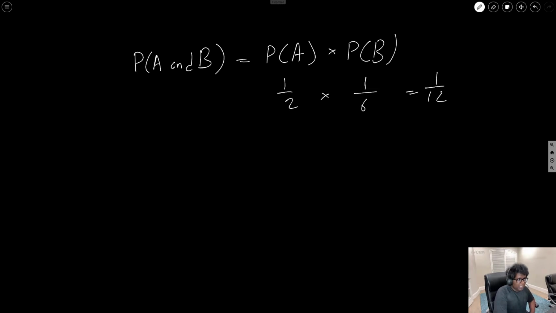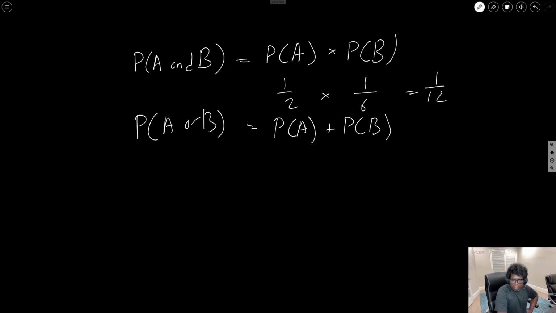The probability of either of them happening, probability A or B, would be P(A) plus P(B) minus P(A and B). I'm not entirely sure of the statistical reasoning behind this, but it doesn't matter.